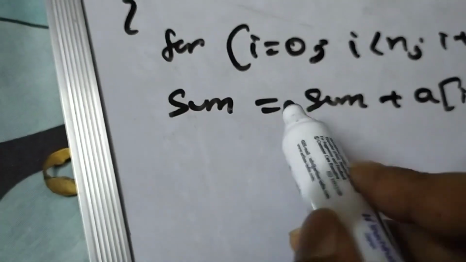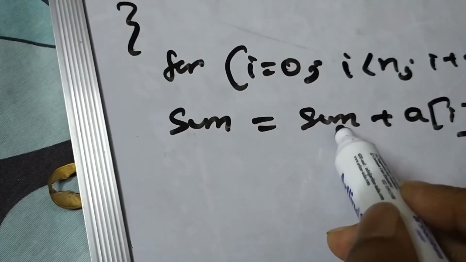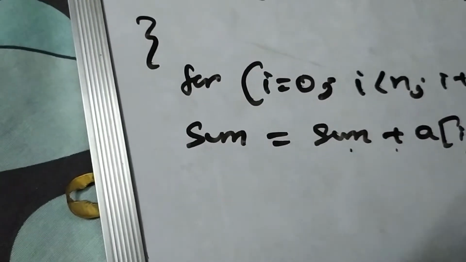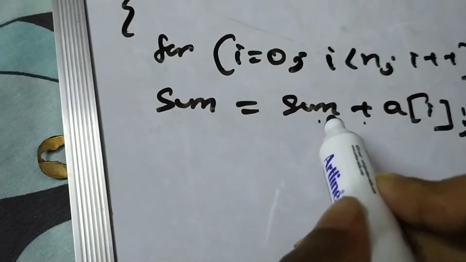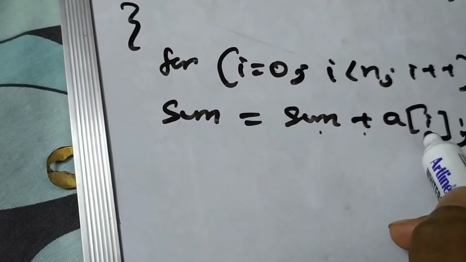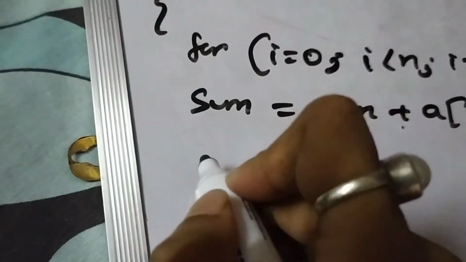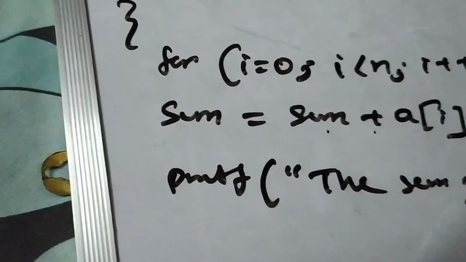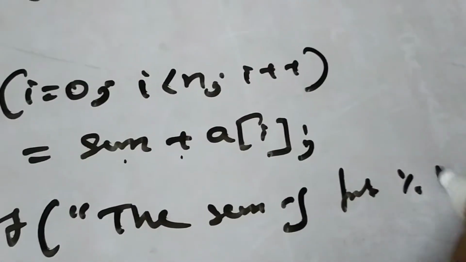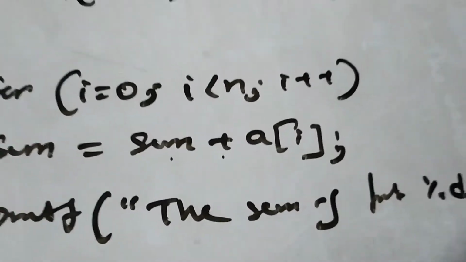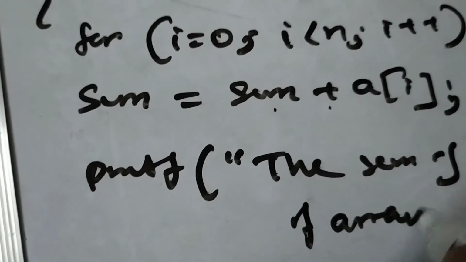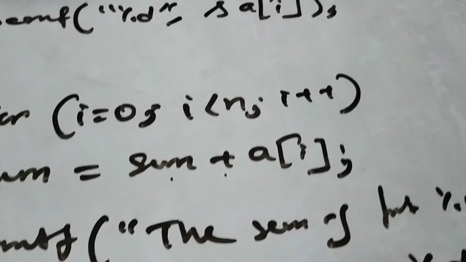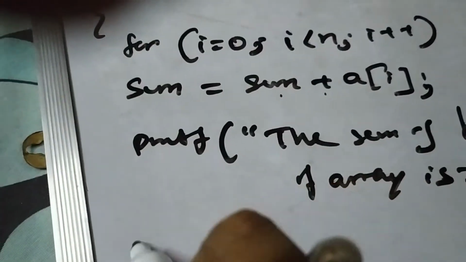That means the sum of the first n numbers means the sum plus the array element. This is the logic. That means the first number of the array plus the rest of the numbers. printf("The sum of first %d numbers of array is equal to %d", n, sum). This is the program.